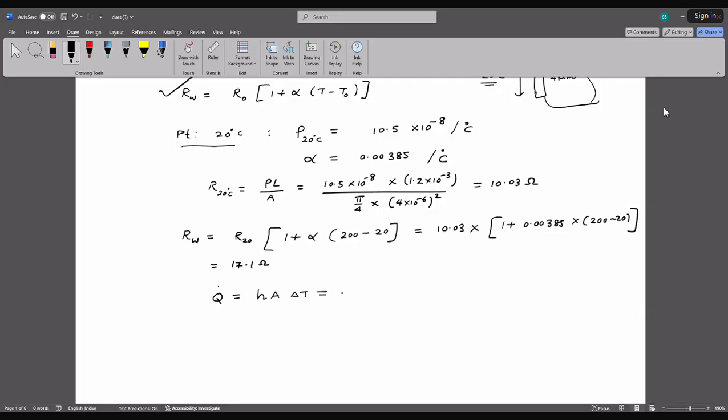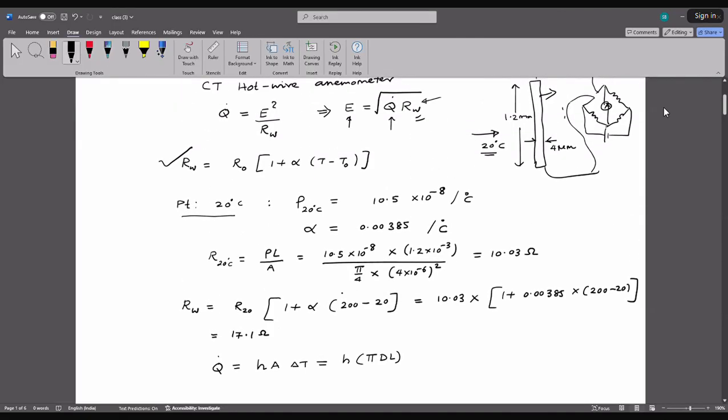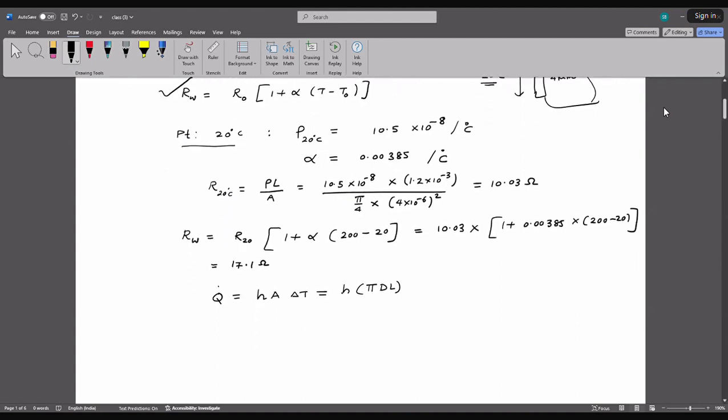So that is H into the surface area of the cylinder, which is pi d into L. The diameter is d, and this is L. So pi d into L is the surface area of the cylinder, times delta T, which is basically 200 minus 20, the temperature difference between the wire and the ambient.